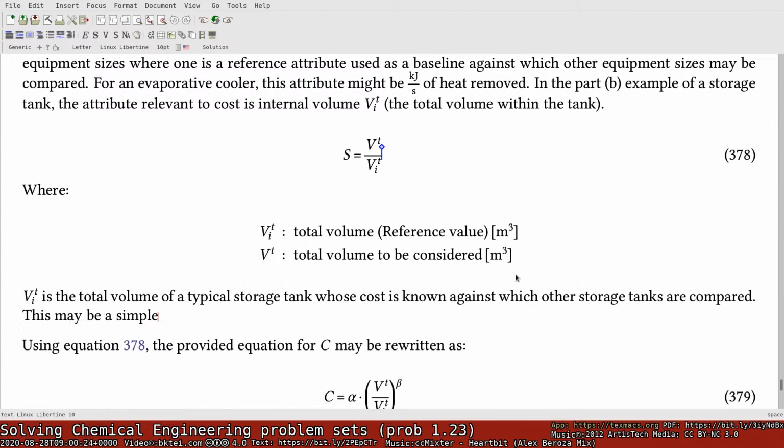This may be as simple as specifying V sub I superscript T equals 1 meter cubed to simplify calculation.